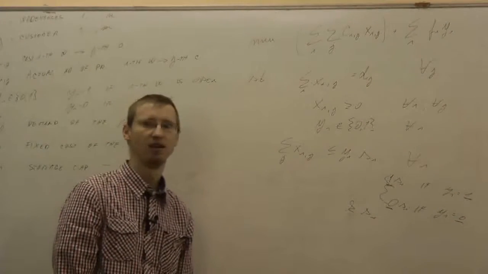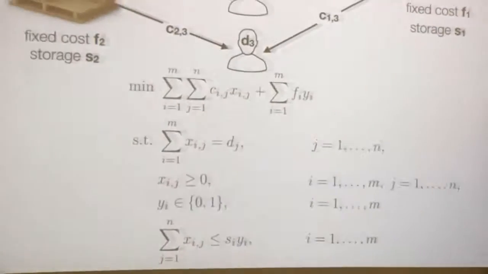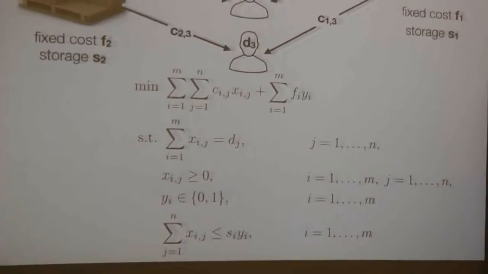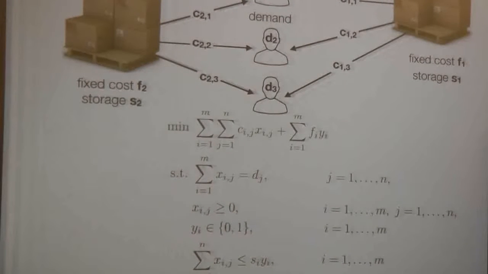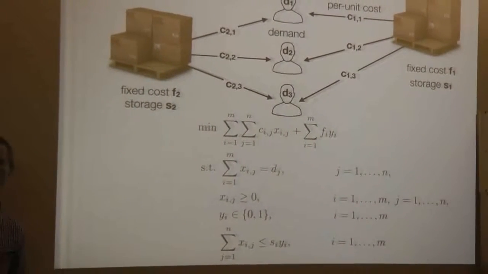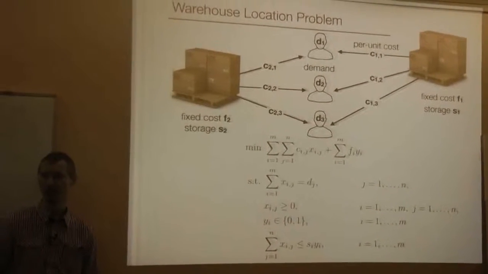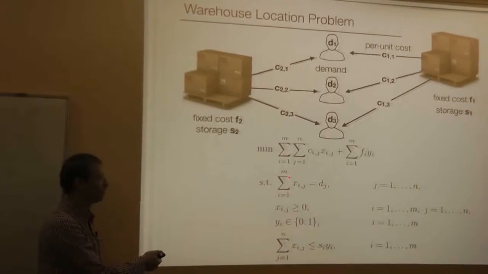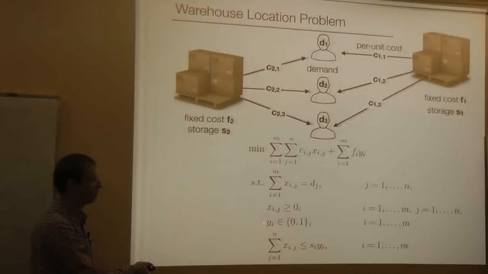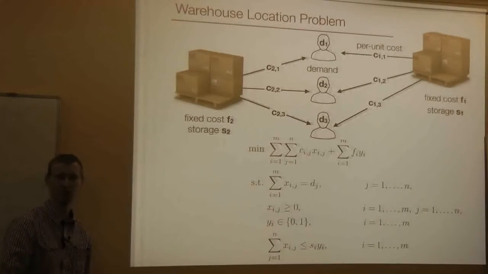So what we have here is a mixed binary linear program. These programs are just called mixed integer linear programs, even though these decision variables are just binary. We have continuous decision variables, which are the x's. We have binary decision variables, which are whether to open the warehouse or not. And we have a bunch of linear constraints.